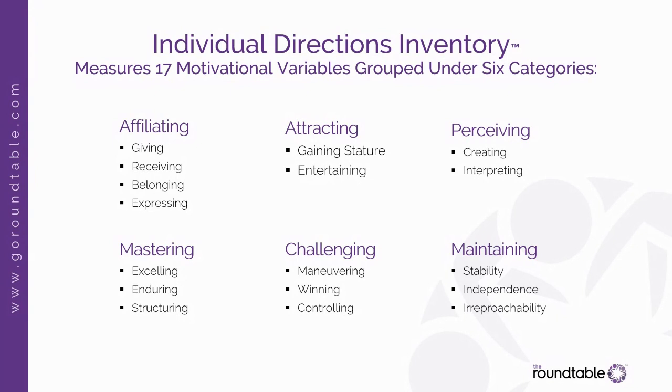And again, when we see this in combination, I'll give you an interesting combo here. If you have an individual who is very low on the affiliating energy, very high on some of the challenging energy, winning, maneuvering, controlling, and low on irreproachability, this is that individual whose energy is going to be all about what they want and winning at all costs and not being afraid to stamp over people in order to get what they want, because rules were made to be broken.